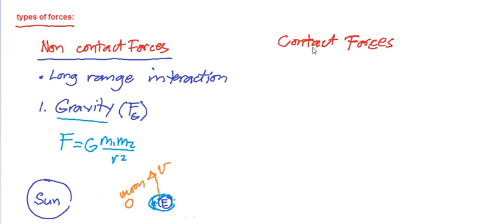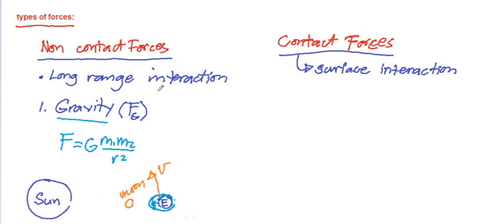Okay, so we're going to have now the contact forces. With the term contact, there should be what we call surface interaction. This is unlike a long range interaction, because here the surfaces of two interacting bodies are in contact with each other.